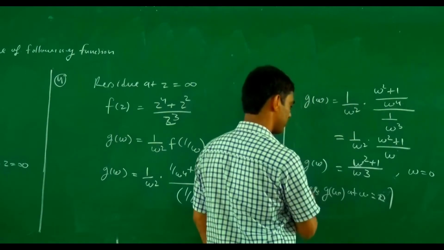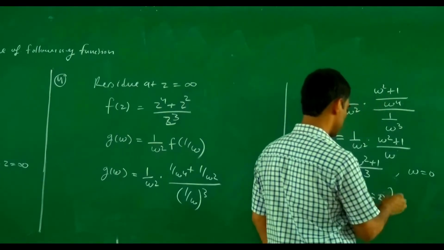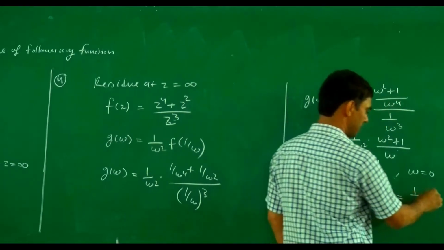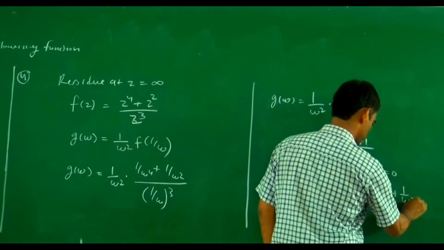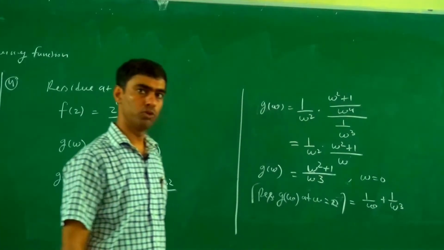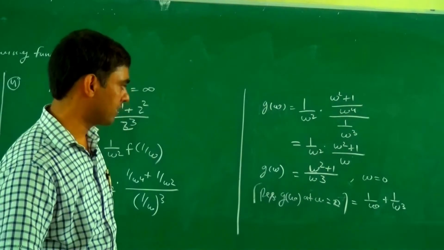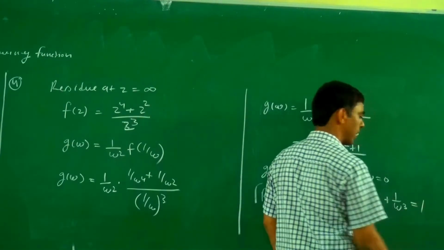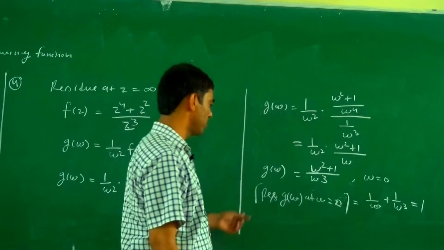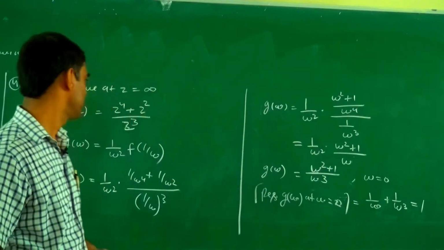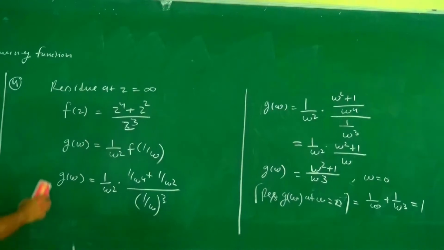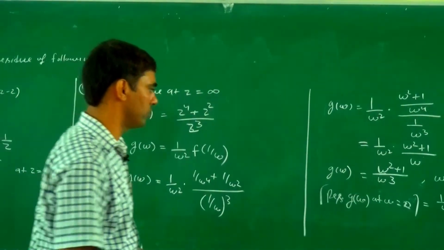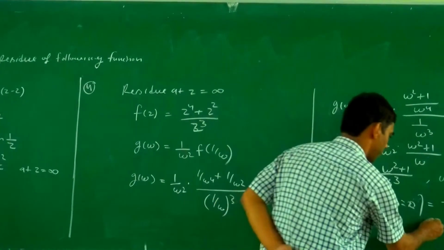If we expand this, it becomes 1 upon W plus 1 upon W cube. What is the coefficient of 1 upon W? It is 1. So the residue of G(W) at W equal to 0 becomes 1.